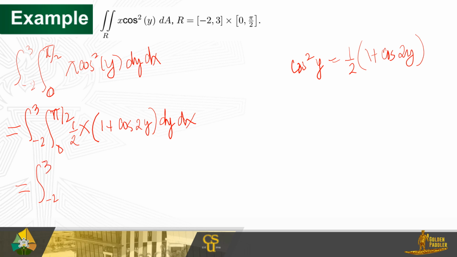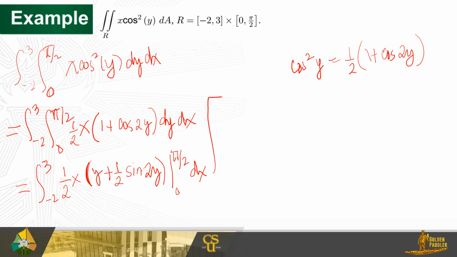Meron po dito 1/2 x times the integral of 1, which is y, plus the integral of cosine 2y, which is 1/2 sine of 2y, evaluated from 0 to pi halves, dx. Okay? So, continue natin dito.